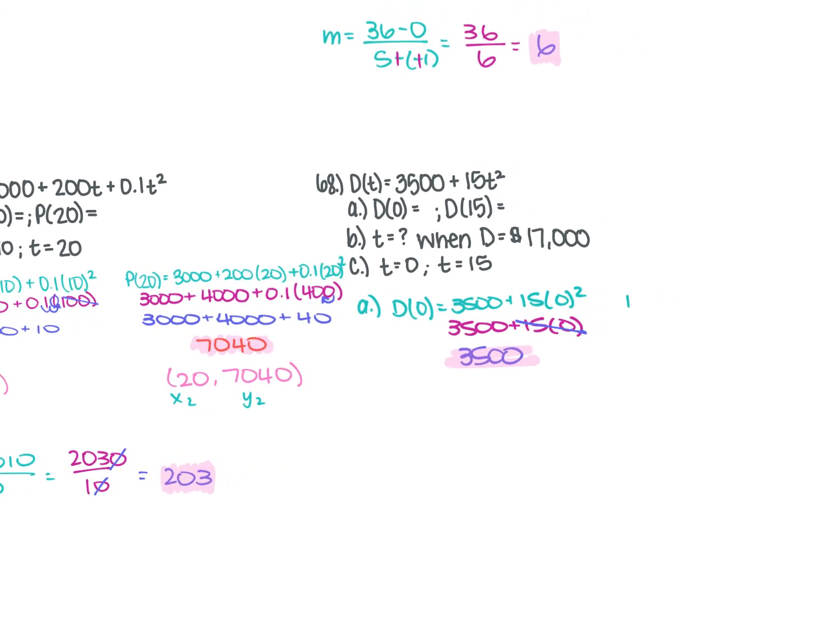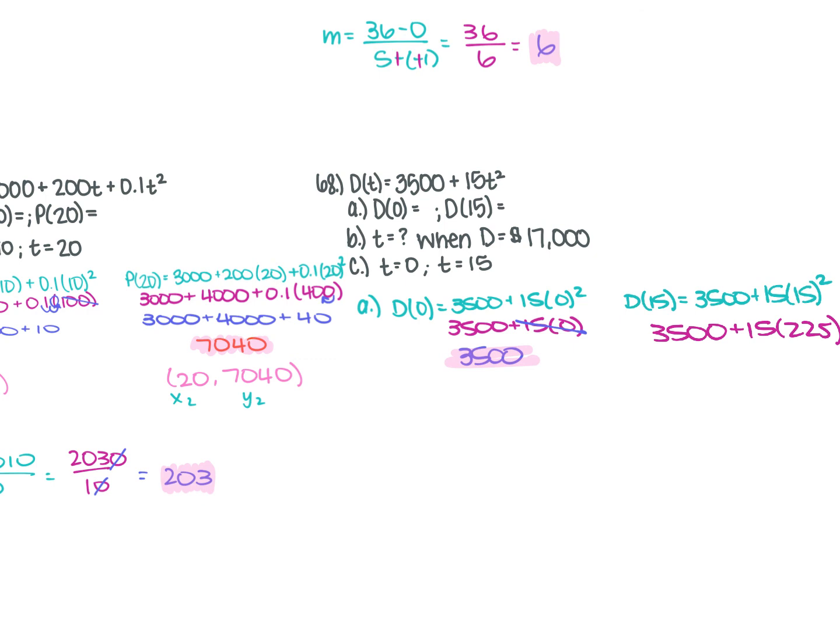We're also going to find d of 15. So it's going to give us 3,500 plus 15 times 15 squared. So from here, you have the 15 squared, which is 225, so that's 3,500 plus 15 times 225.